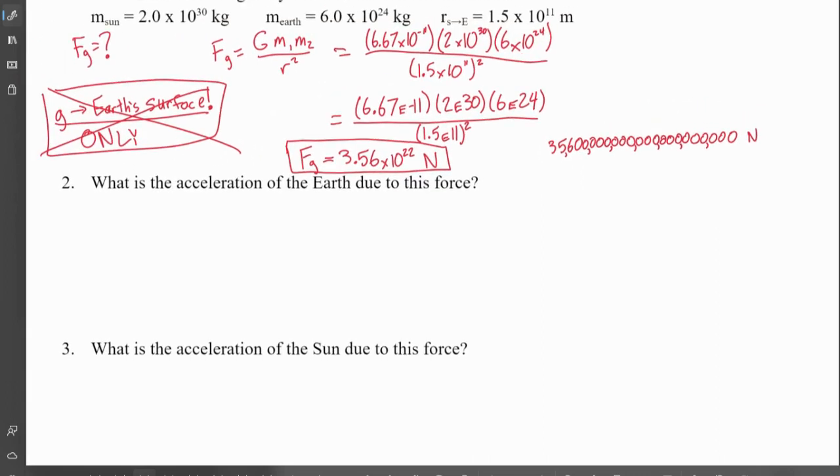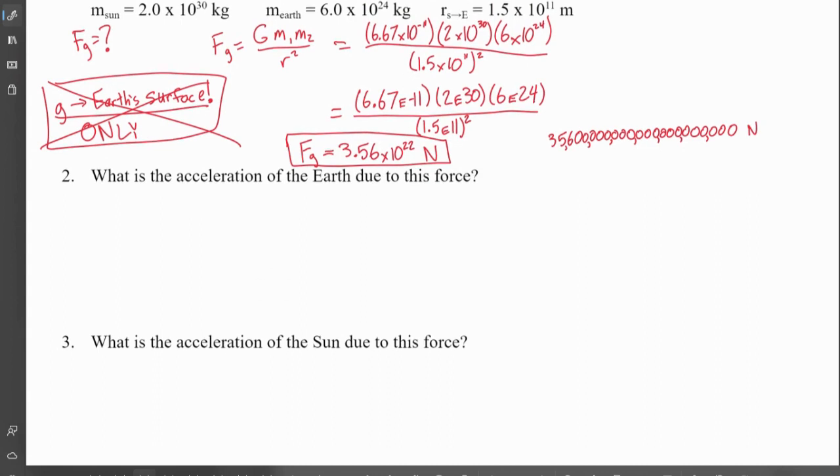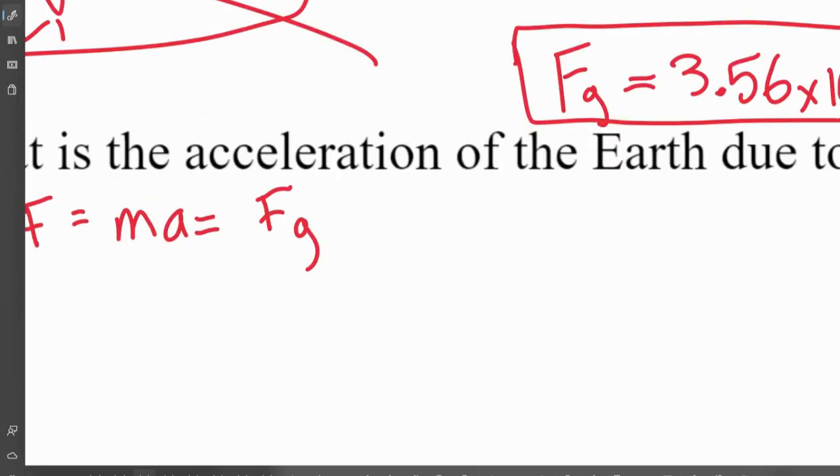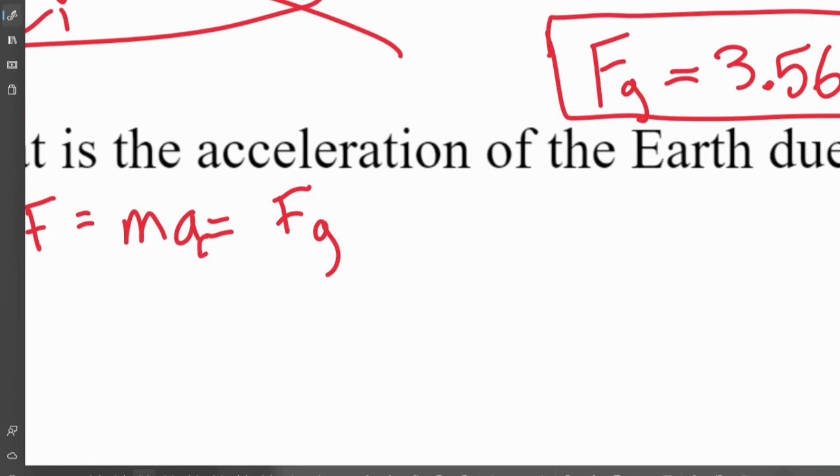Well, that's a huge force, but it's acting on a huge object, right? So I'm going to ask now, what is the acceleration of the Earth due to this force? Since it's just due to this force, when we write the sum of the forces, it's just going to be this force of gravity between the Sun and the Earth. And I'm asking about the acceleration of the Earth, which means I'm just going to consider the mass of the Earth.